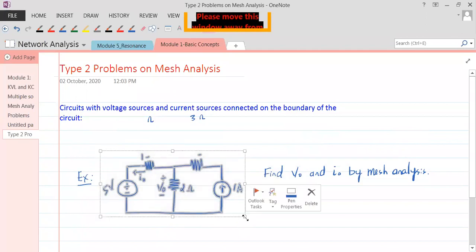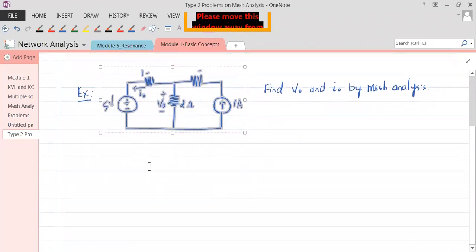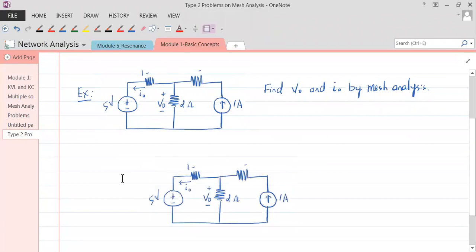Let me copy this and use the same in the solution. This is the solution. This is example number 1 we have taken. This is 1 ohm. This was 3 ohms. So let's take this as 1 ohm and 3 ohms. Fine. Now this is the solution.